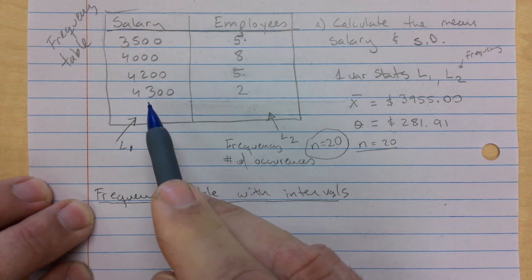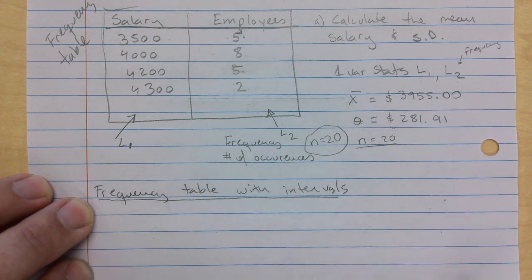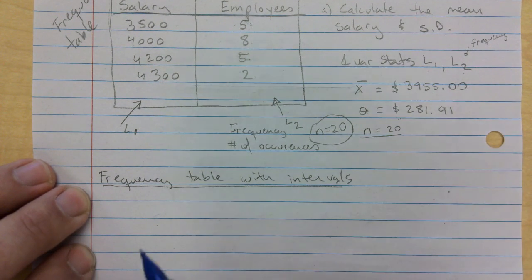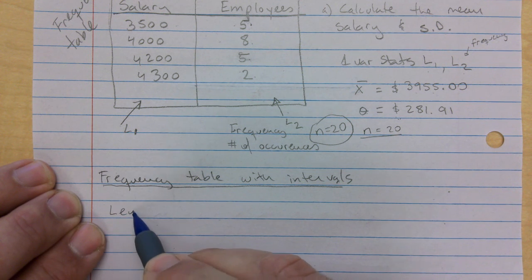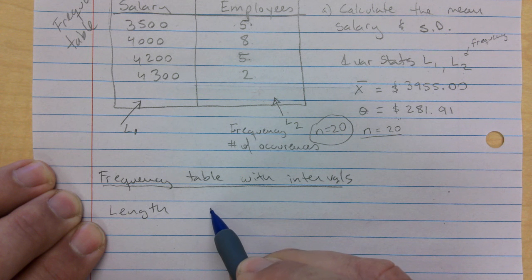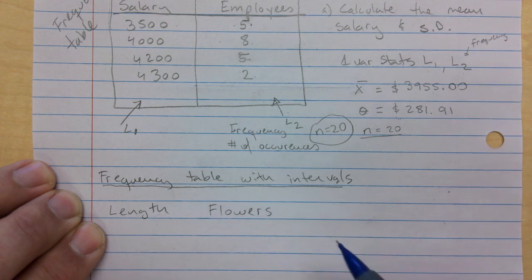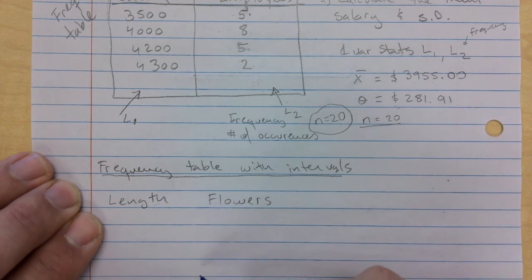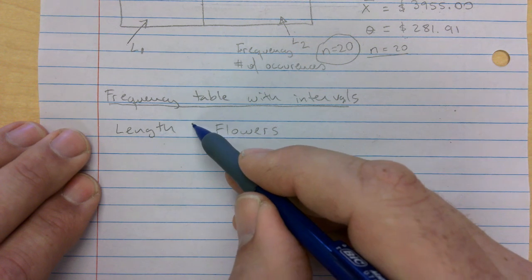So here you didn't have intervals, you just had a fixed amount, so there's ways to do that. So let's say you have length and you have flowers. I'm sparing you, there's actually a word problem that goes with it, but I think that you don't need it.